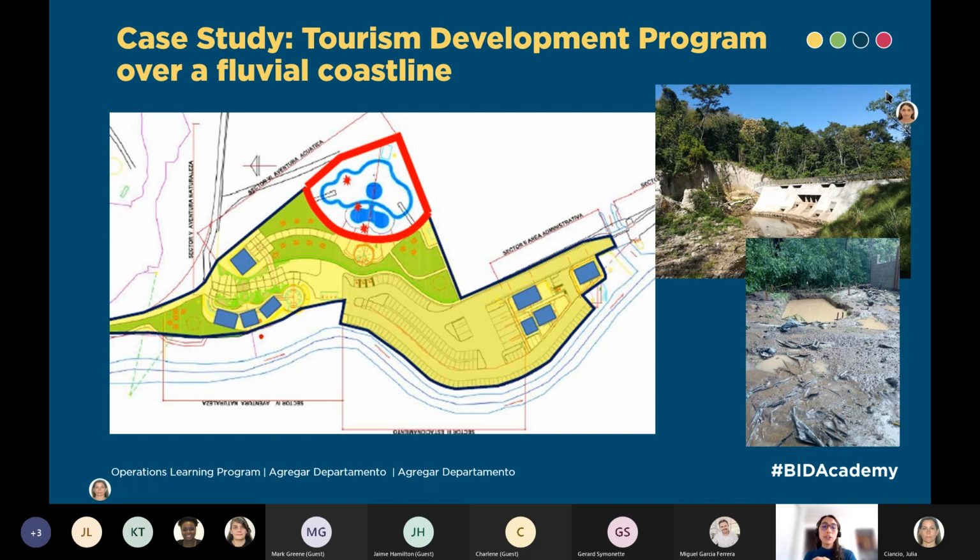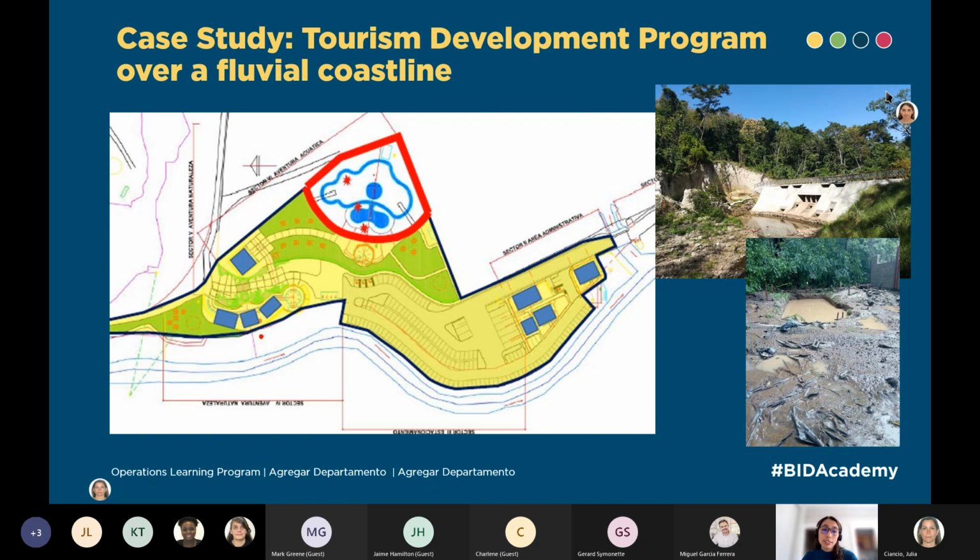For this, we're not going to use the example that you have in the module, the coastal flood event in an island in the Caribbean, but we're going to use the case study of the tourism thematic park.